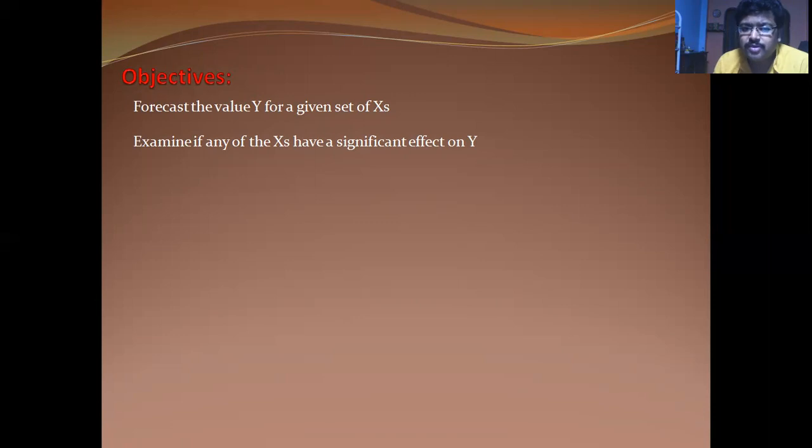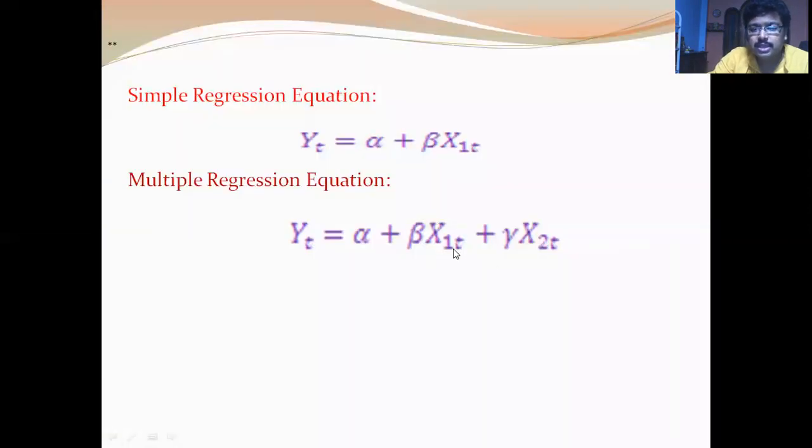Examine if any of the x's have a significant effect on y. This is another objective of the regression analysis, whether the values of x's have a significant effect on the dependent variable y. Look, this is an independent variable which is the income of a family, and this is another independent variable, the assets of a family.